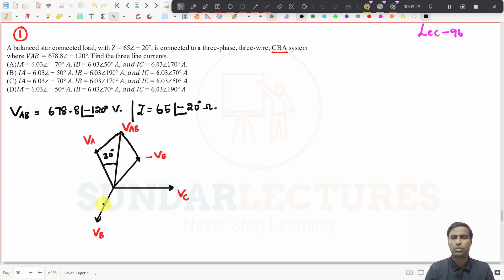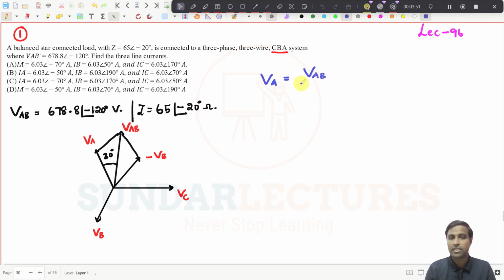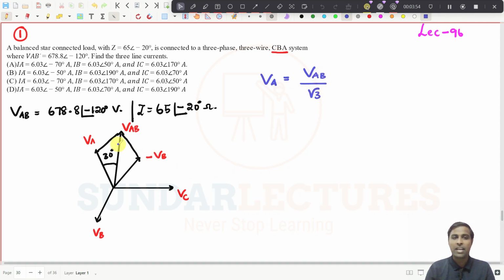So VA is a phase voltage, which will be VAB, the line voltage, divided by root 3, and this leads VAB by 30 degree.